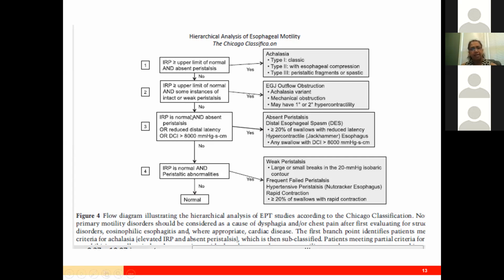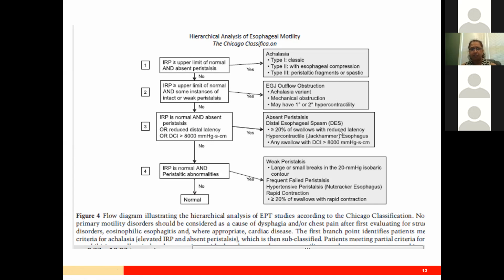Similarly, if we go back to the IRP and we have a normal IRP and absent peristalsis, we call that absent peristalsis. But if the DCI is elevated, now we're starting to look at some hypercontractile disorders that might be correlated with spasm or chest pain.